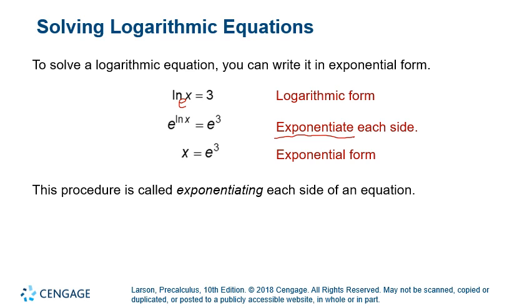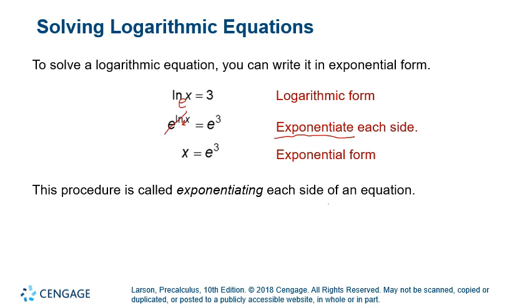And they've exponentiated using a base of e. Now, what that's going to do is remember the inverse property. The e and the natural log of e have the same base, and they're inverses of each other. So they're going to cancel out, which is going to leave you with x equals e cubed.